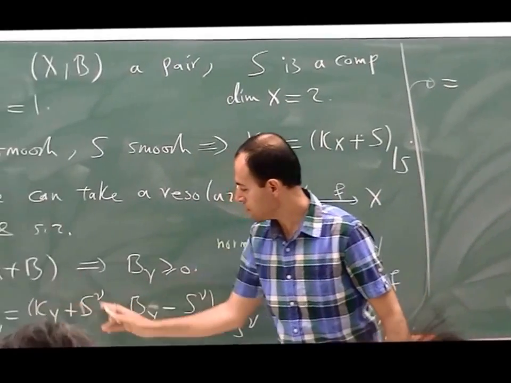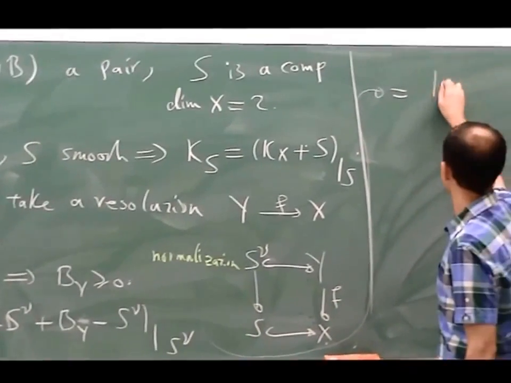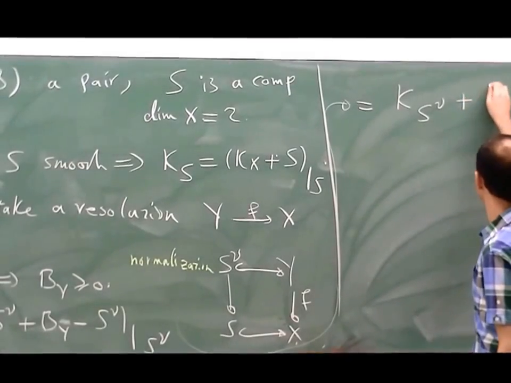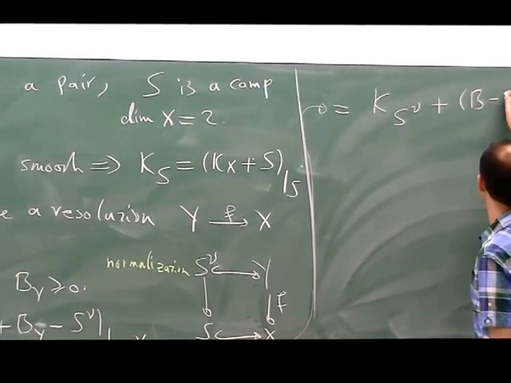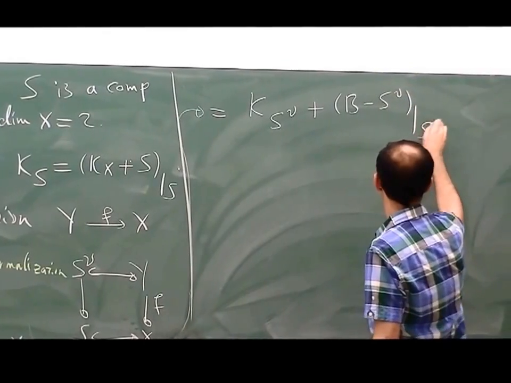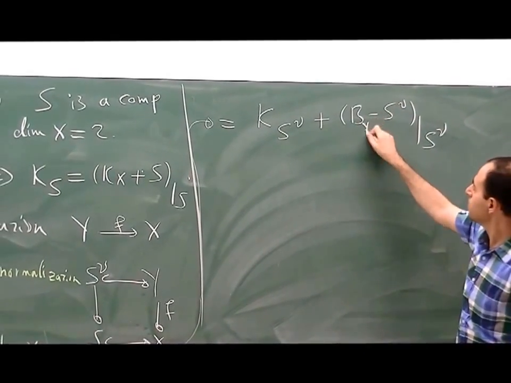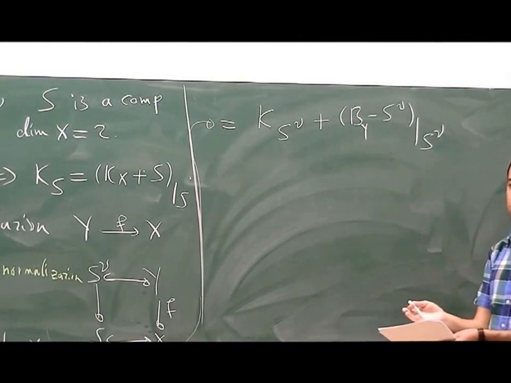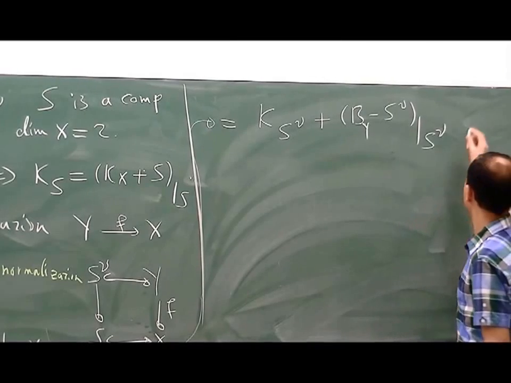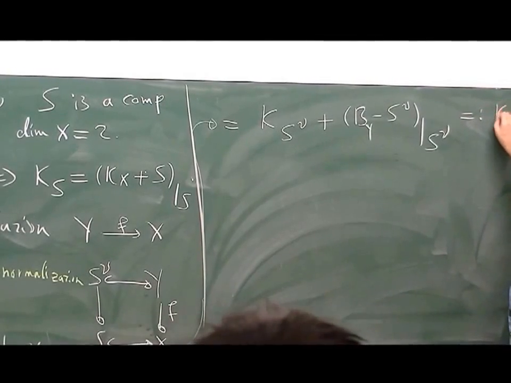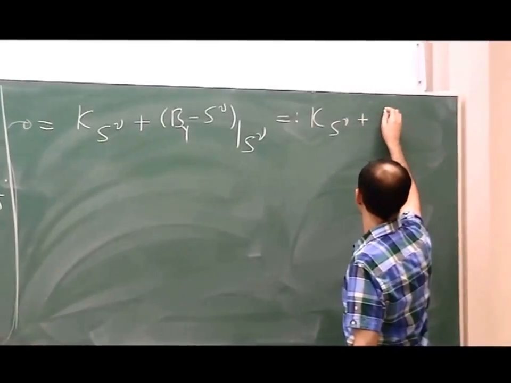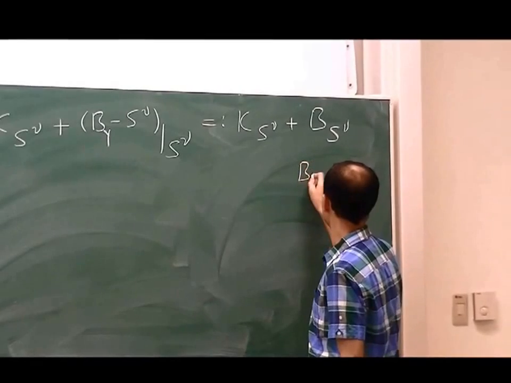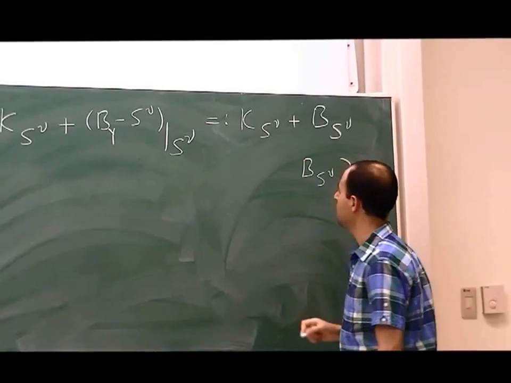So if I restrict the first bit to this normalization, I just get K_S normalized plus, I still have this bit left here. So now this is an effective divisor which does not contain the S itself. So when you restrict it to S, you get something again effective. So I can write it just as a definition. I can say this is K_S^n plus B_S. And here, as I say, this divisor is effective.